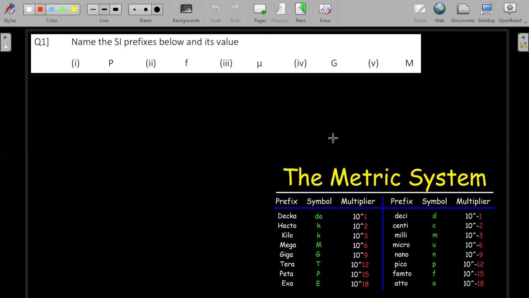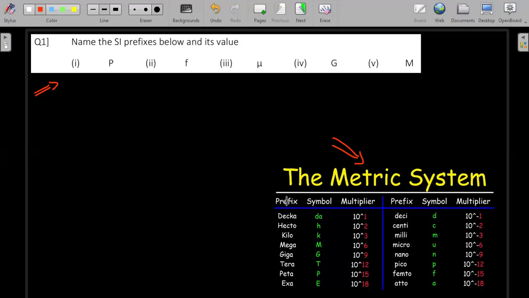It's just a system of 10 and its multiples and its sub-multiples. This metric system has a prefix, its symbol, and then its value. The only thing you have to do to solve this question is just to memorize the metric system. Not two ways about it.